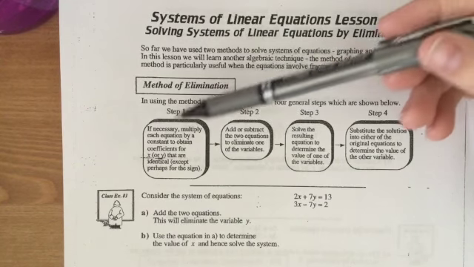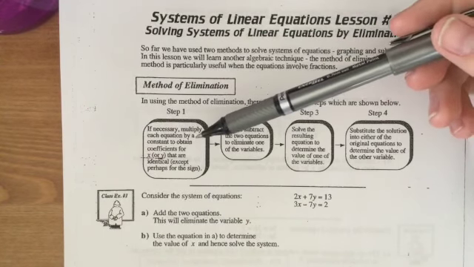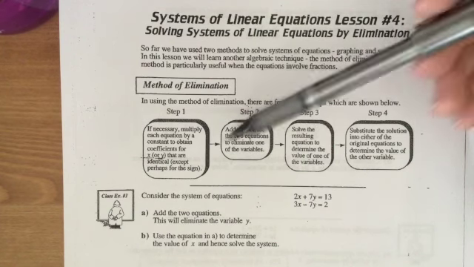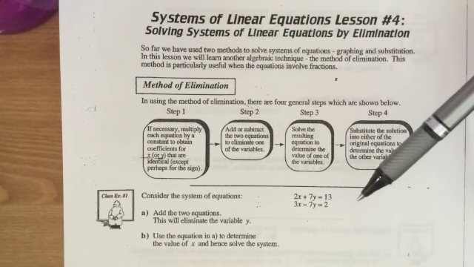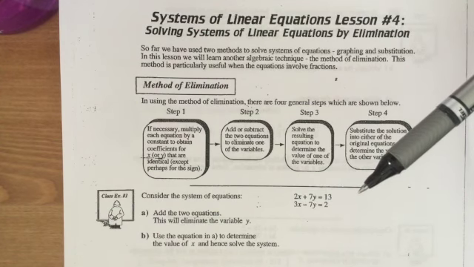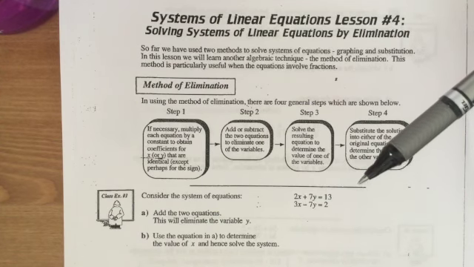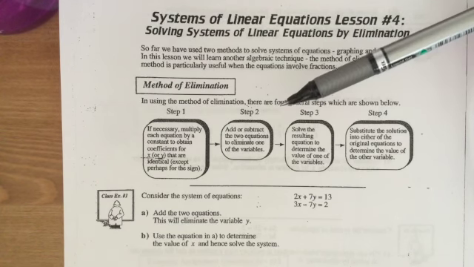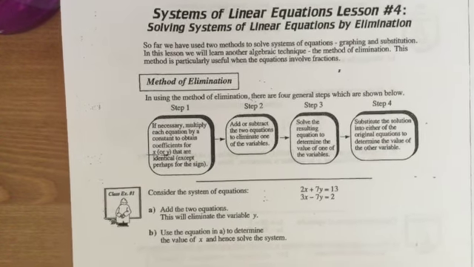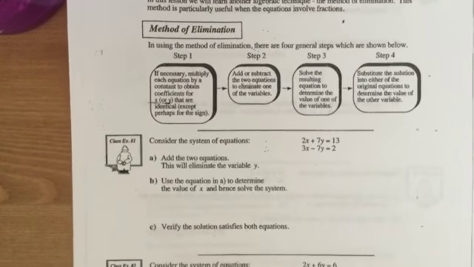Once we have them looking similar, we add or subtract the 2 equations, and one of the variables will disappear. Then we already have an equation in one variable that we can solve, and we go back and substitute for the second one. So it's a lot quicker and easier in my eyes.